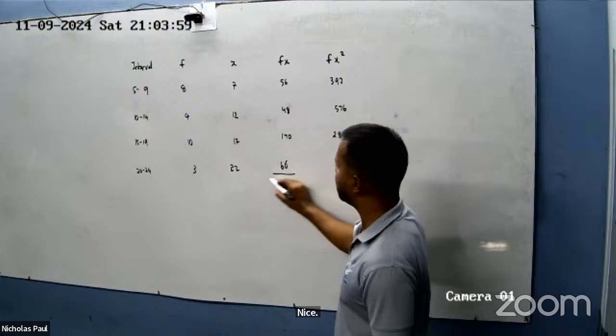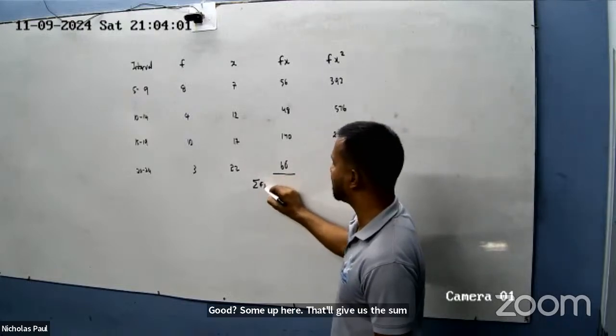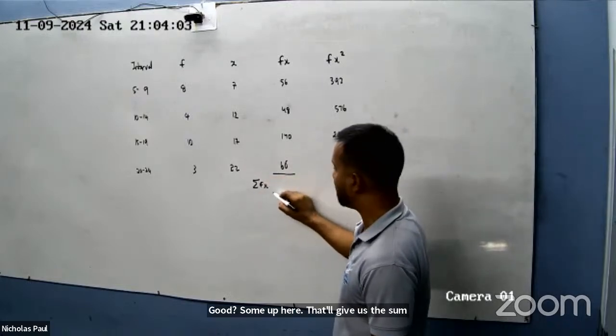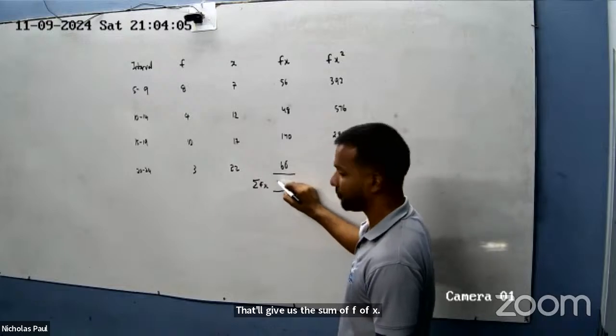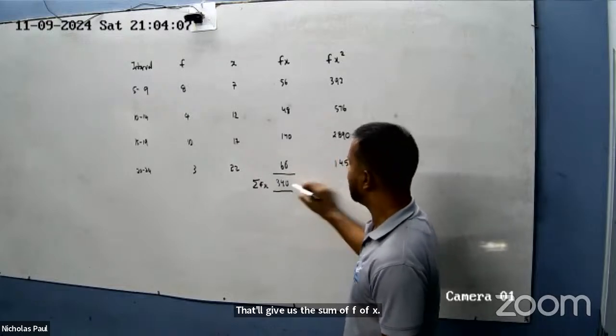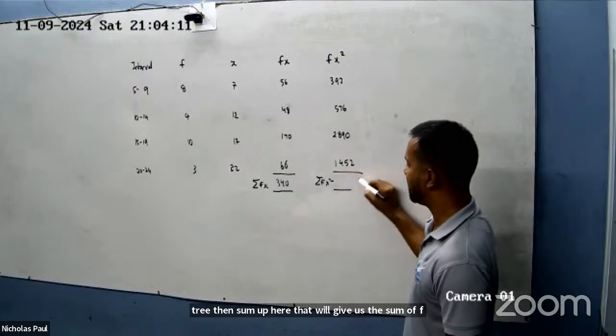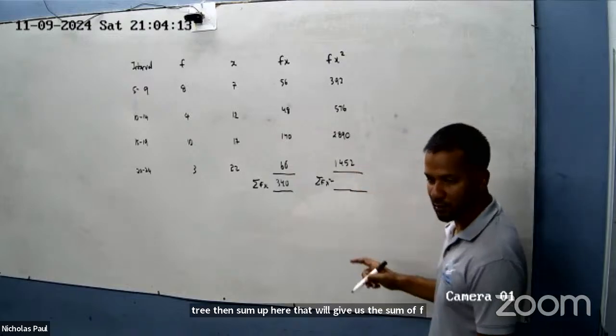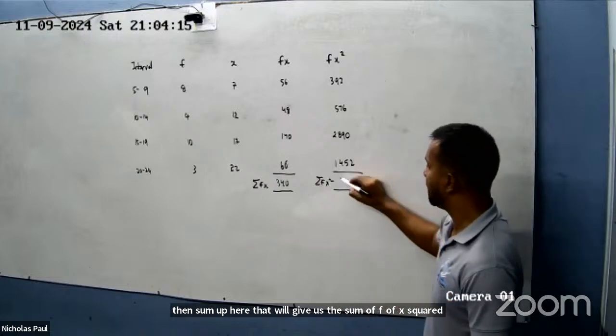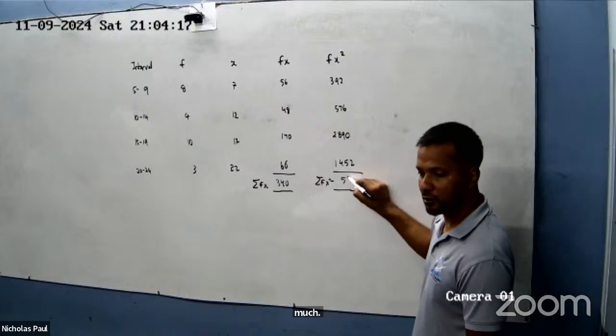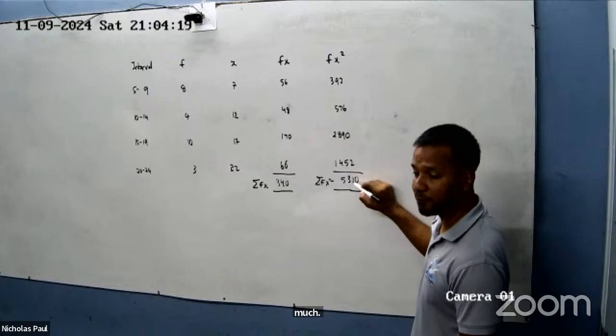Do me a favor. Sum up here, that'll give us the sum of f of x. How much is that? Then sum up here, that'll give us the sum of f of x squared. How much? 5,310.